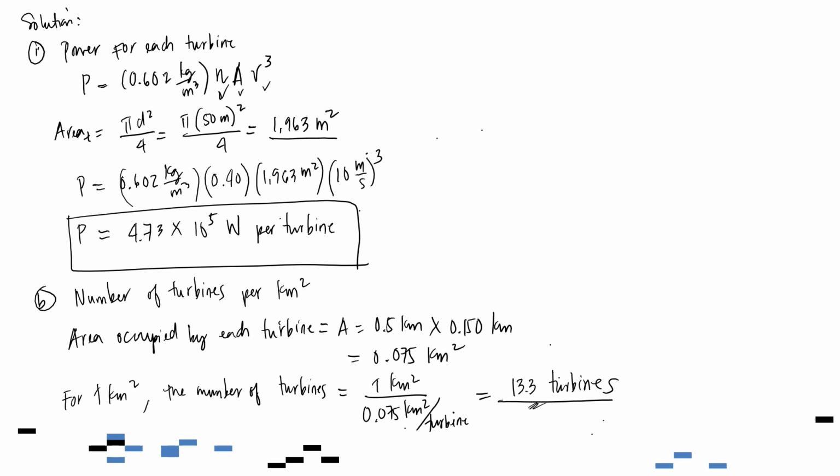So how does it actually look? Let's make a schematic drawing. If we have this as 1 square kilometer, this is 1 kilometer, and this is 1 kilometer. This is not to scale, but let's say it's like that.